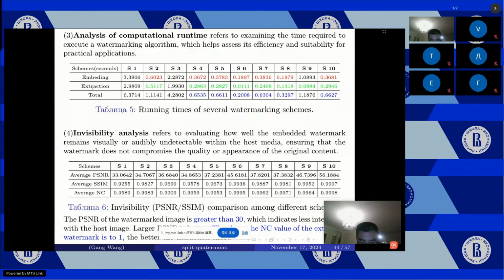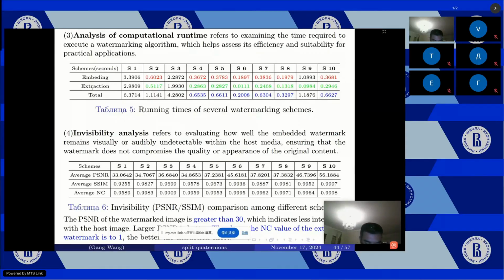Table 6 presents the average results of the experiments, combining the original host images from Figure 5 and the watermark images from Figure 6, using the quantization values recommended in the original literature for embedding and extraction. It shows the average PSNR, SSIM, and NC for each scheme.